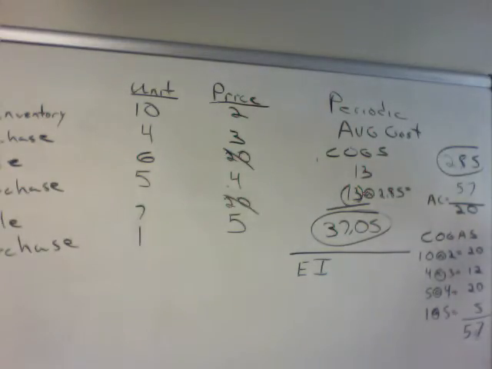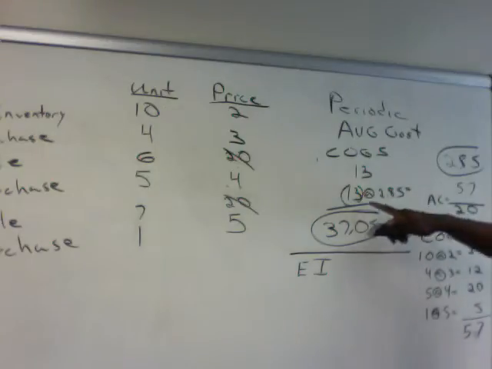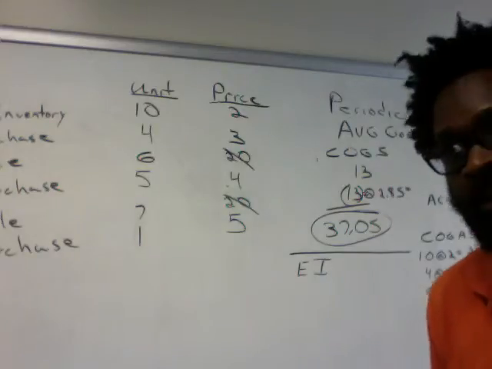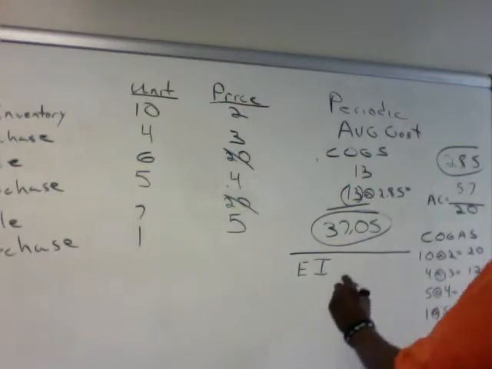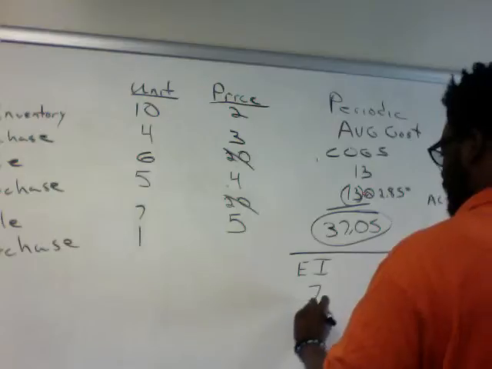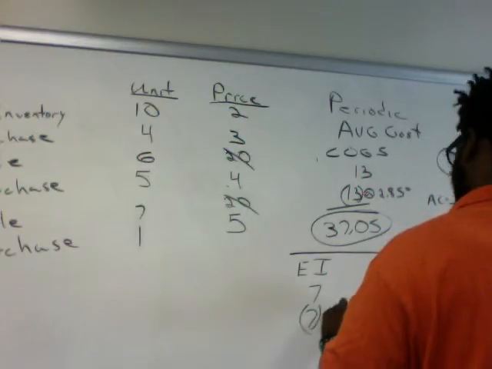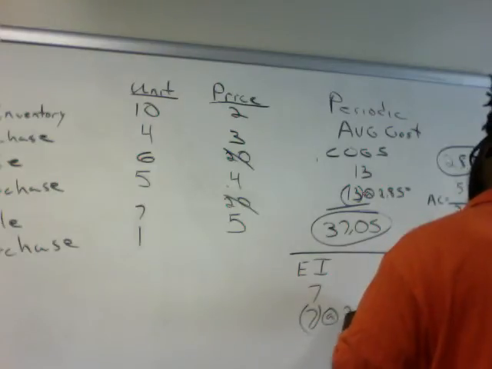And at a total cost of $57, that gave us an average cost of each unit of $2.85. However, we sold 13 with an average cost of $2.85. Therefore, we have 7 left. So we automatically know, without any interruption, that these 7 units are going to have an average cost of $2.85.